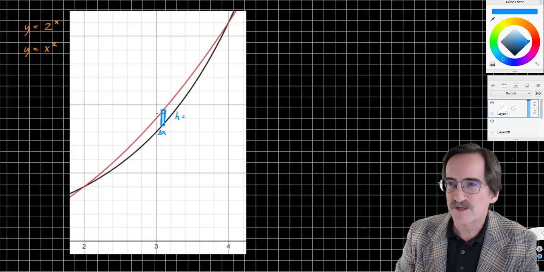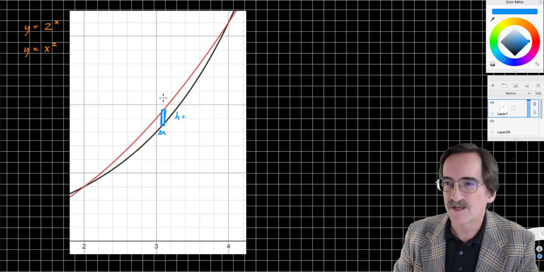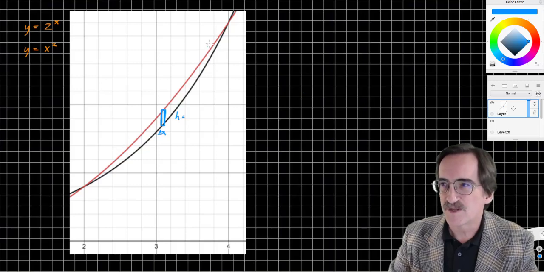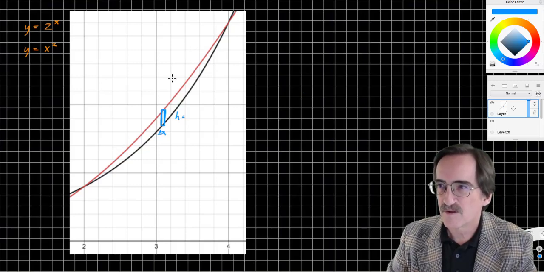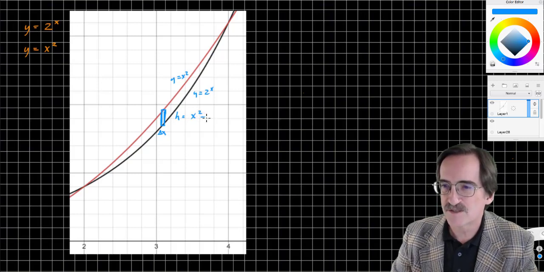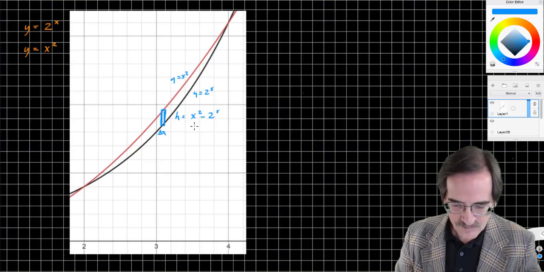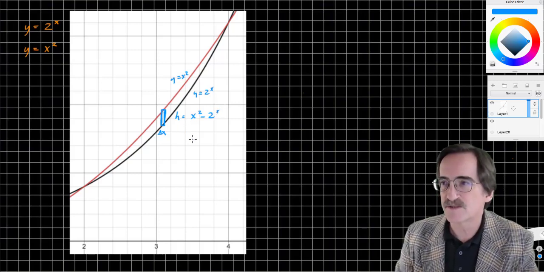Well, the height of the rectangle is the red curve minus the black curve, in this case y equals x squared and y equals 2 to the x. So h is x squared minus 2 to the x.